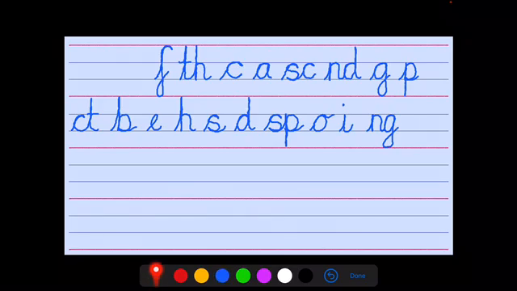Okay, let's go back to the beginning and say the sounds we say if we see these letters when we're reading. F, teeth on your lip. F, teeth on your tongue.